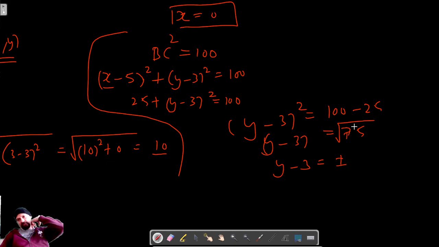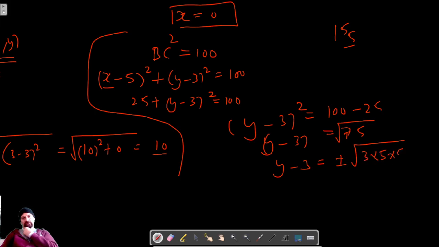So 75 is 15 into 5, and 15 is 3 into 5, so root 75 gives us plus minus 5 root 3.